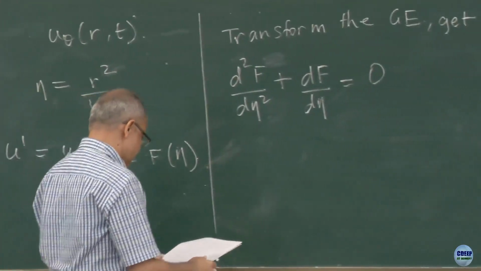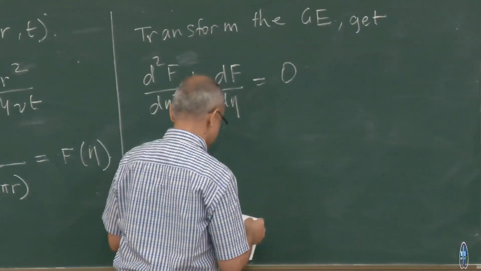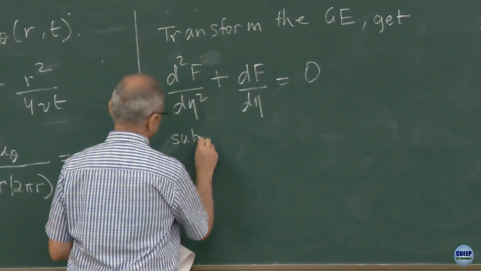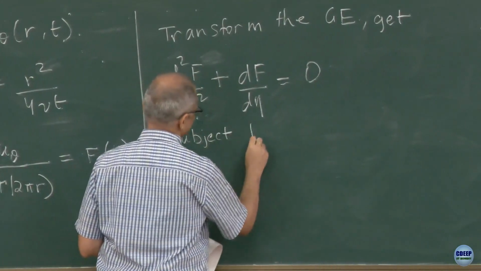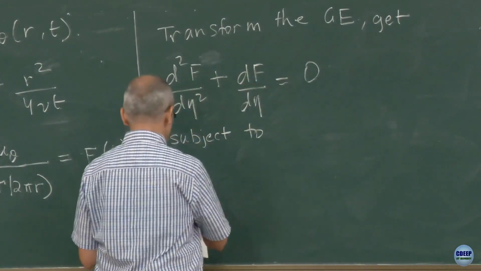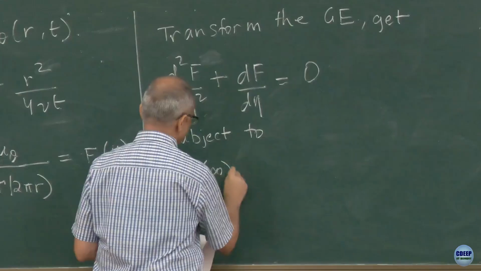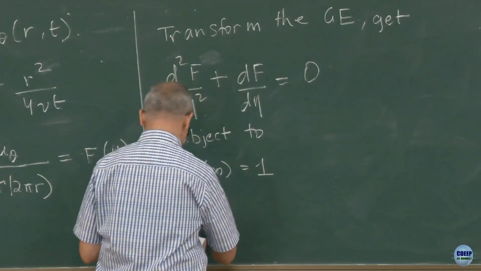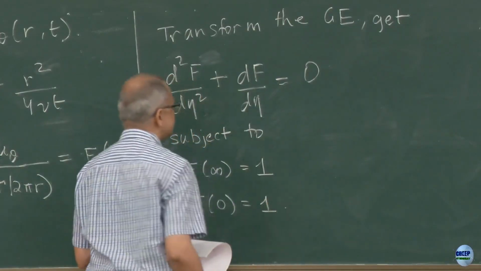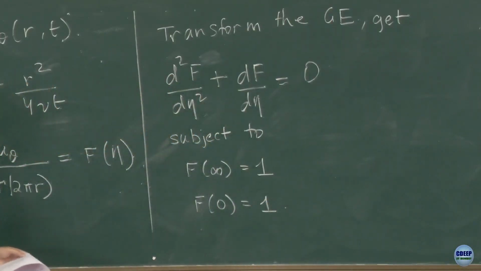So now what are the boundary conditions? This is subject to f infinity is equal to 1 and f0 is also 1. So I need two conditions, and these are the two conditions that I would have.